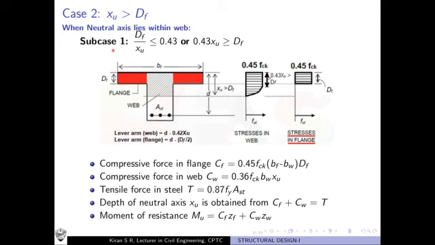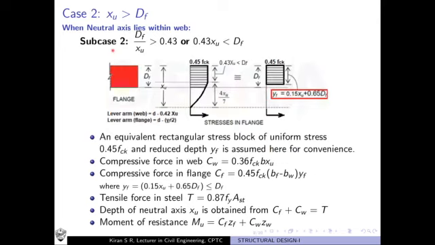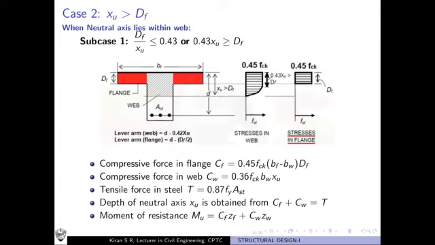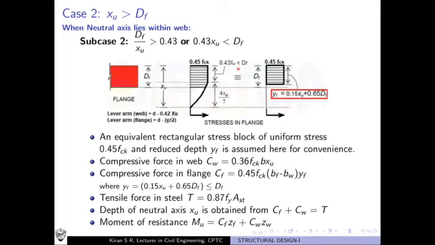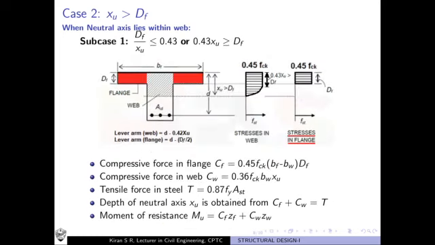The second subcase we will discuss later: the uniform stress region 0.43 xu is less than df. So there are two cases, when 0.43 xu is greater than df and when 0.43 xu is less than df. Let us discuss each of these cases separately.